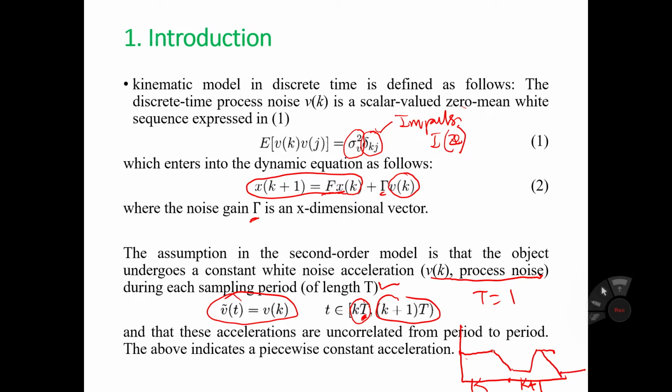So at scan k, this is the constant oscillation, and at k plus 1 it goes down here. This type of signal is called a piecewise signal, and each piece is uncorrelated from period k to period k plus 1. So the white noise is a piecewise constant oscillation.